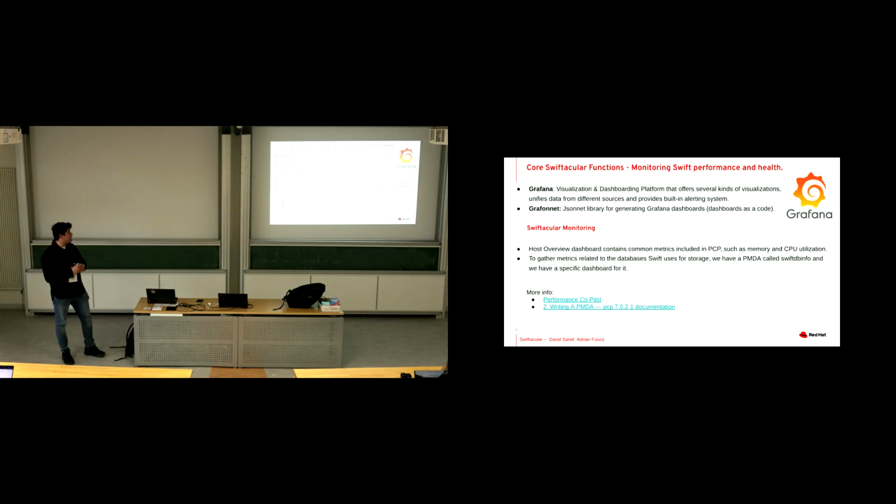So that's what we are using. We are including, we will show better, two dashboards in this case. A host overview dashboard that is using very common metrics to understand how the Swift works with all the workload using Performance Co-Pilot. And another dashboard for metrics related with the storage. How are the objects, the distribution of the objects, all the information about it.